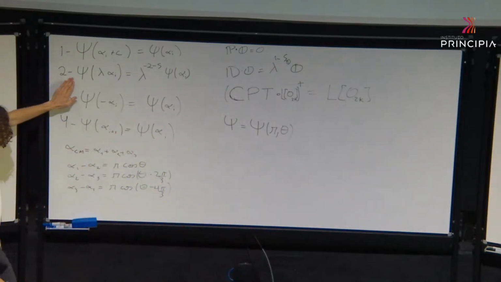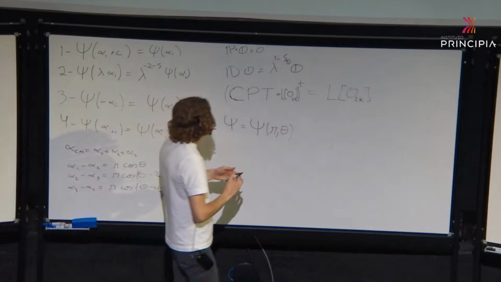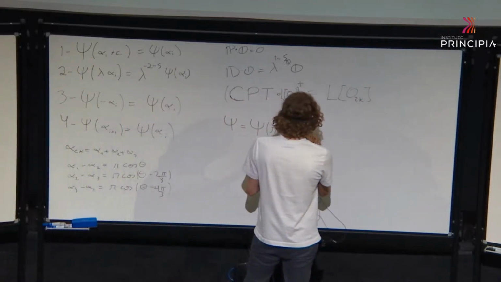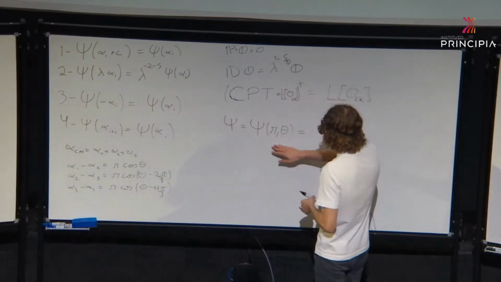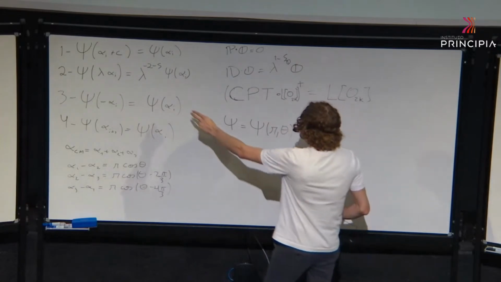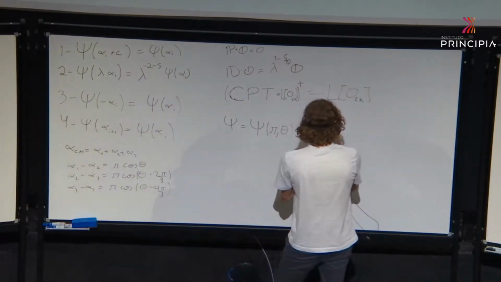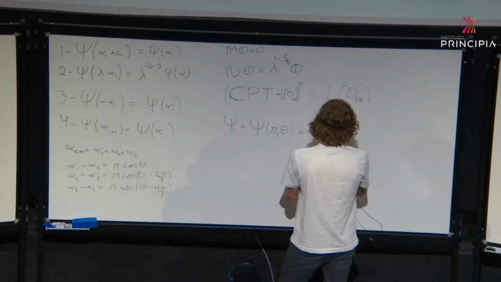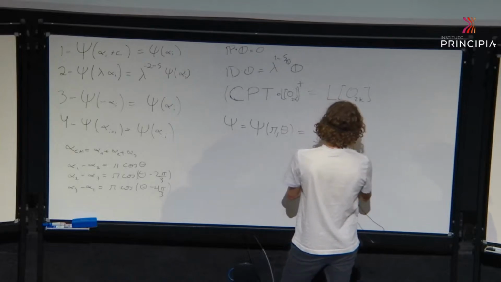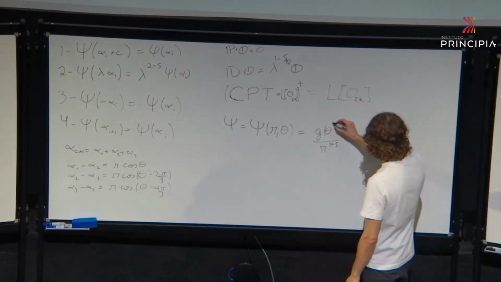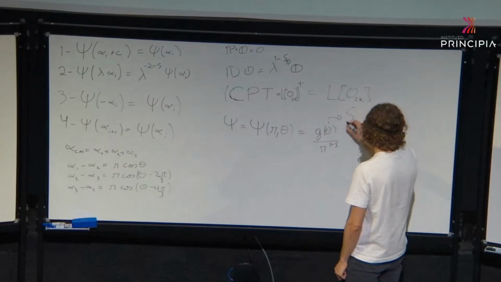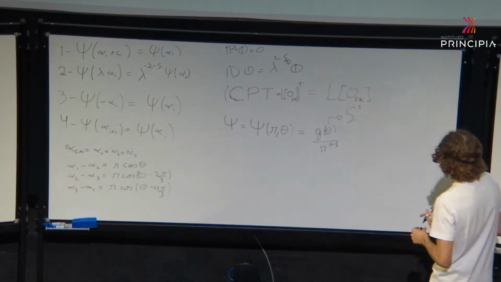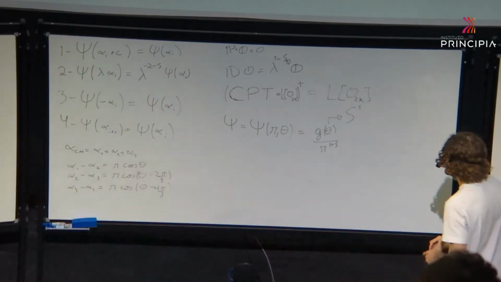Now, the second condition implies some homogeneity condition on R, and homogeneous distributions in R of this degree are necessarily of the form g of theta times R to the minus 2 plus s, where g of theta is some distribution on the circle that is left to be determined.